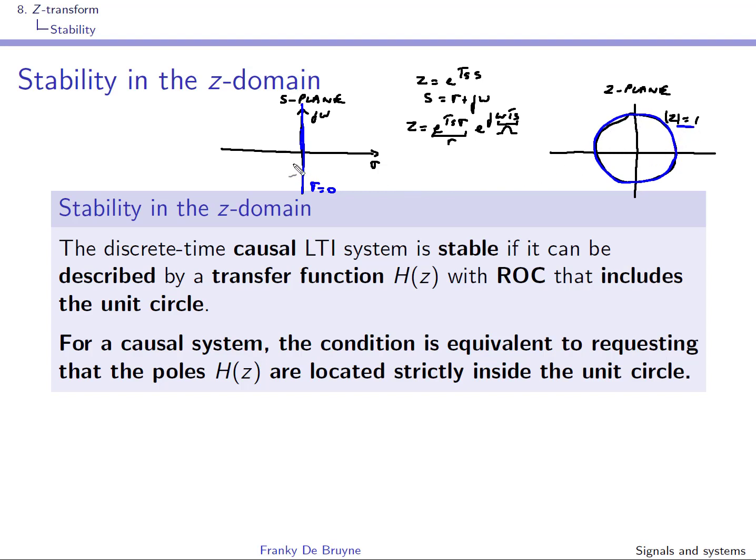So it's normal that imposing that in the Laplace domain the poles should be to the left of the j omega axis corresponds to imposing that in the z domain the poles of the transfer function should be inside the circle of radius 1.